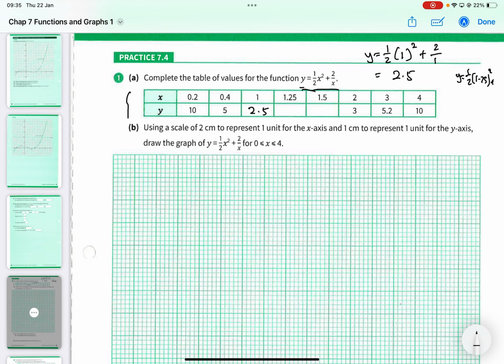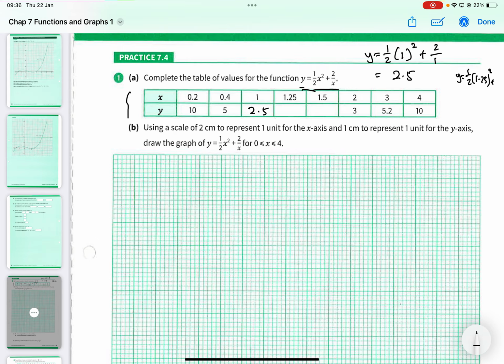One. Here. Try. There is an equation. Then you are asked to fill in this table. So same as before. What is the y when x equals 1? So I need to put in x as 1 into this equation. Then it will give me y should be 2.5.